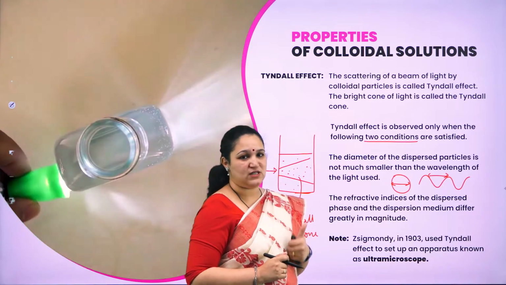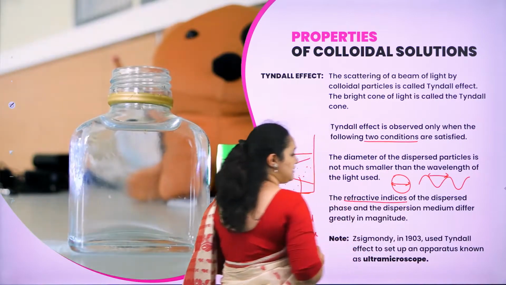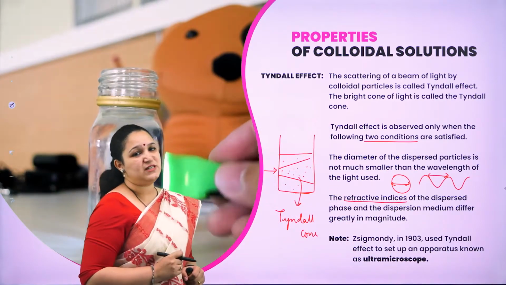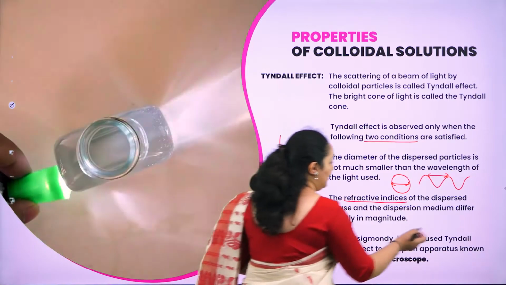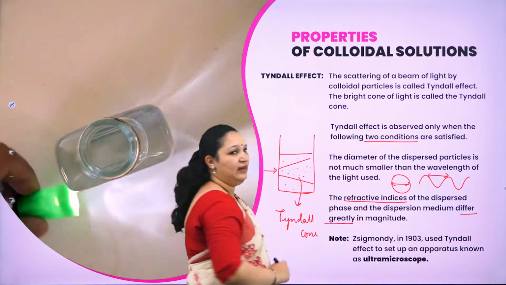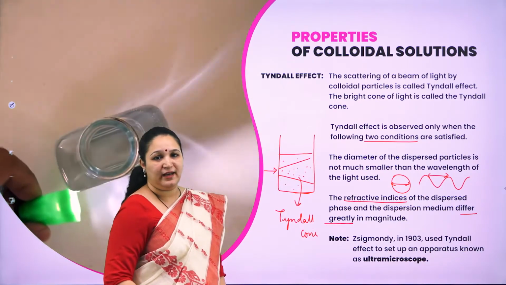That is the first condition. The second condition is the refractive indices of the dispersed phase and the dispersion medium should differ greatly in magnitude. Only then we can observe Tyndall effect.